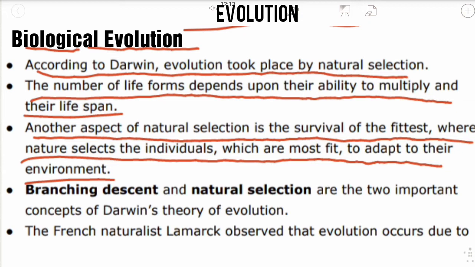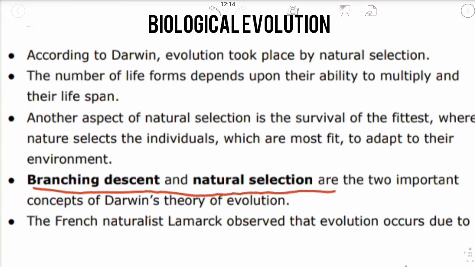Life forms better fit in the environment leave more progeny. This is called natural selection, and it is a mechanism of evolution. Branching descent and natural selection are the two most important concepts of Darwin's theory of evolution.